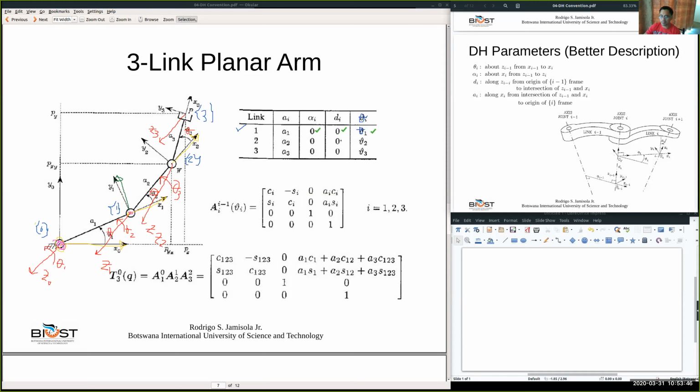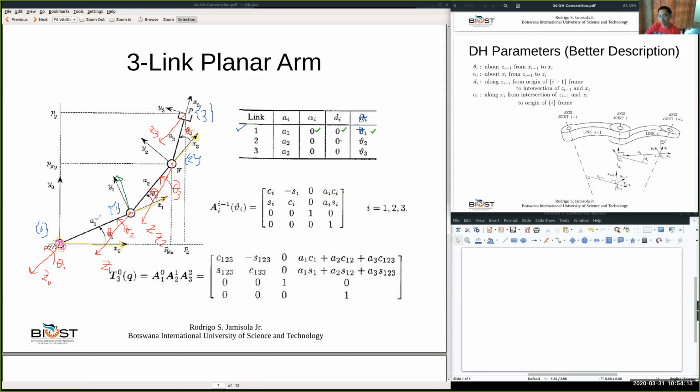Okay, from here to here along X1. So X1 goes in that direction. Now we see that the direction is important, so it will dictate whether there's a positive or negative sign. In this case, X1 goes towards this direction, and so that is a positive sign. The distance from here to the origin is A1.